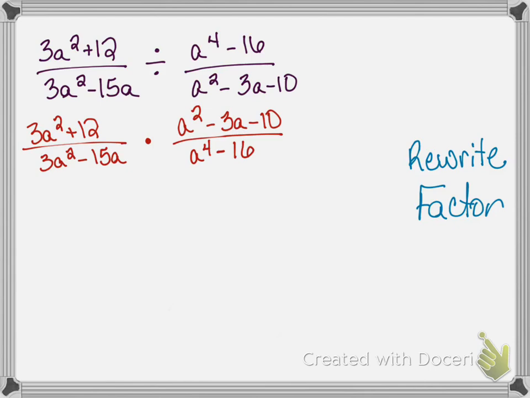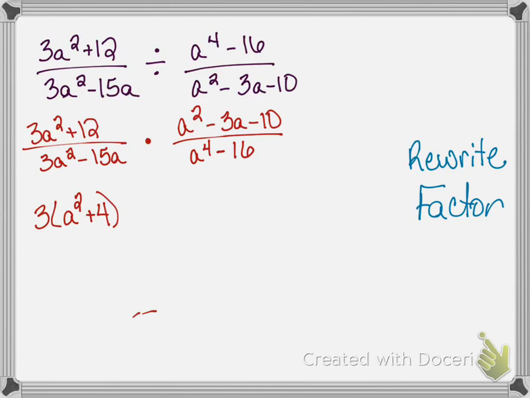Now I'm going to factor. What comes out of the first numerator? 3. I guess it is just a 3. Yep, it's just a 3. So then I'm left with a squared plus 4.